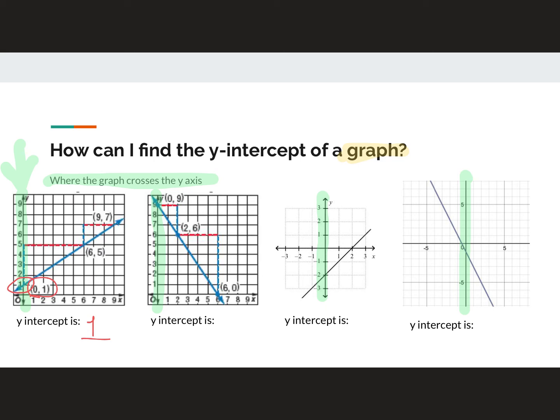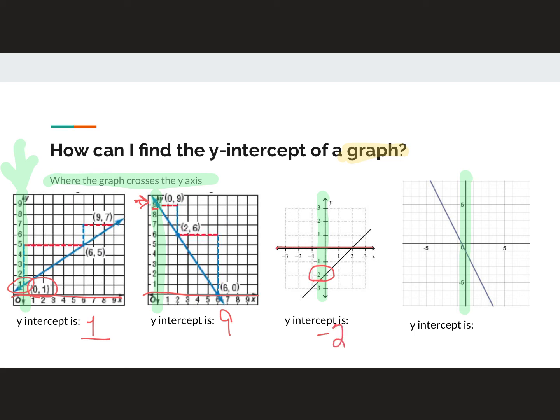Let's look at this next one. I look right here, is where I'm crossing my y-axis. It's crossing at 9. And notice both of those are above my x-axis. See my x-axis here. Well, let's look at this one. This one is below my x-axis. So this one crosses at -2.